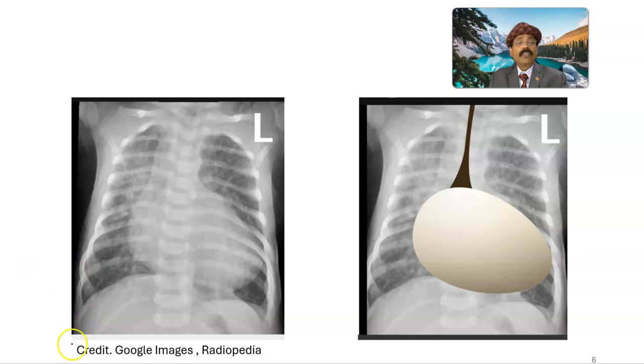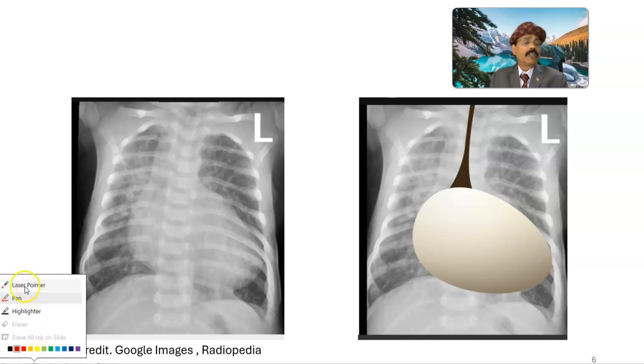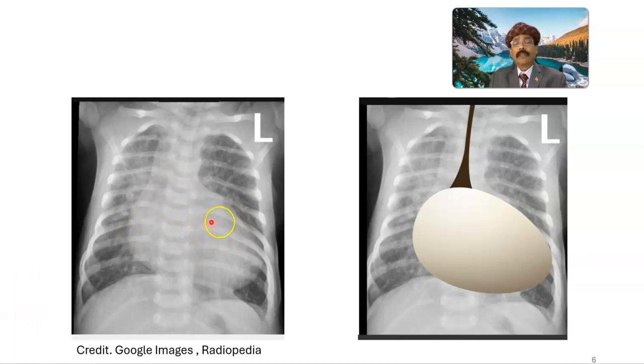These are the x-rays of the infants. In this condition, because of X-ray, there is a chance of radiation. Here is the egg-shaped heart due to the transposition of great arteries.